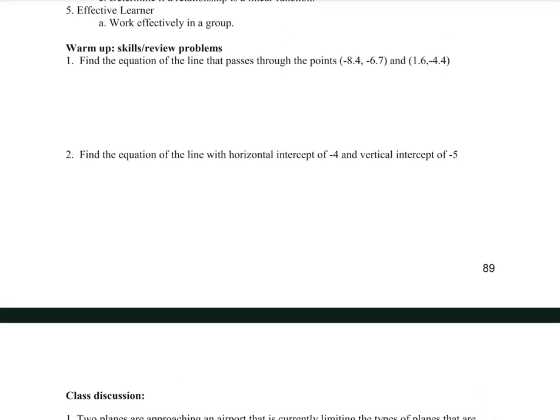Find the equation of the line that passes through the points (-8.4, -6.7) and (1.6, 4.4). So this is very important because you need this to solve our problem for our lesson. So find the equation of the line, that is y equals mx plus b.